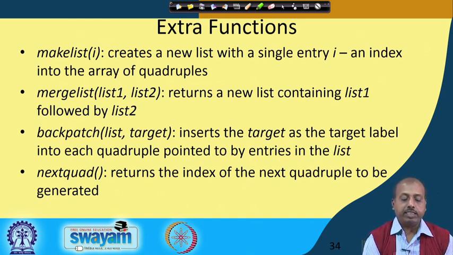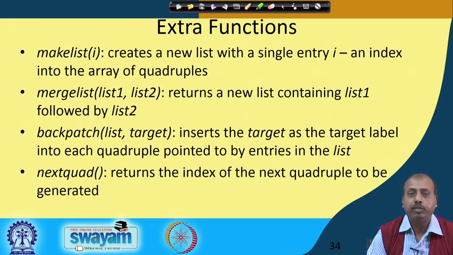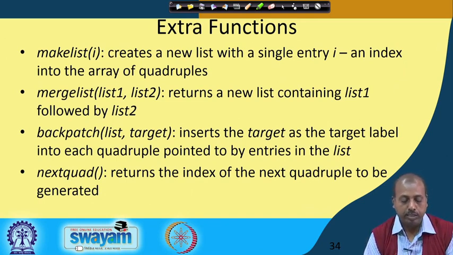Then backpatch(list, target) inserts the target as the target label into each quadruple pointed to by entries in the list. This list contains all the places where the jump targets are not yet filled up. If we come across the correct target to which all this control should jump, that is called target.